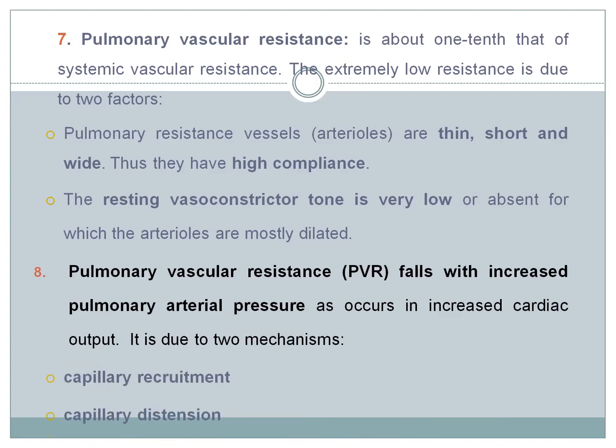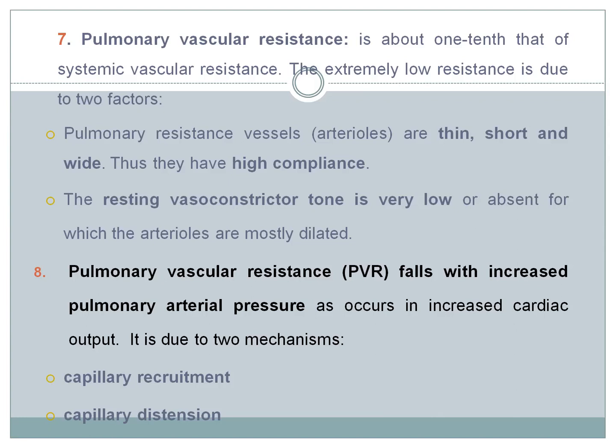The pulmonary vascular resistance falls with increased pulmonary arterial pressure. So if you increase the arterial pressure, which occurs in cases of increased cardiac output, then at that point the resistance will be decreasing. And this occurs by two mechanisms, either by capillary recruitment or by capillary distension.